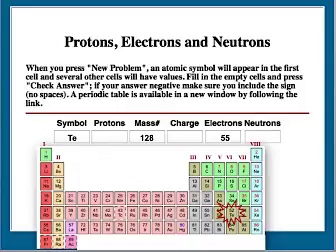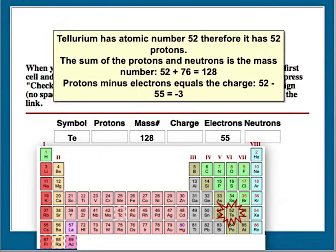That means it's going to have 52 protons. If we know the mass number, we can subtract and get the number of neutrons. If we know the number of electrons, compare that with the number of protons, we can figure out the charge. So, for this particular element, atomic number is 52, therefore it has 52 protons.